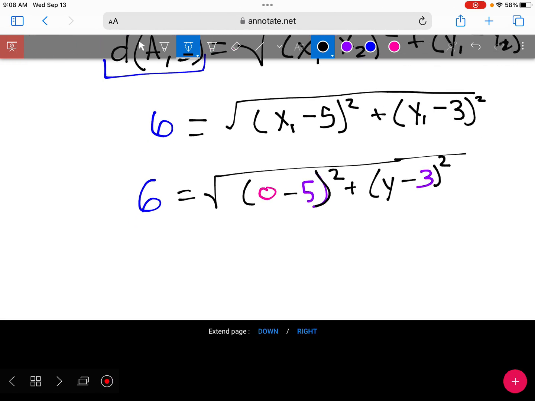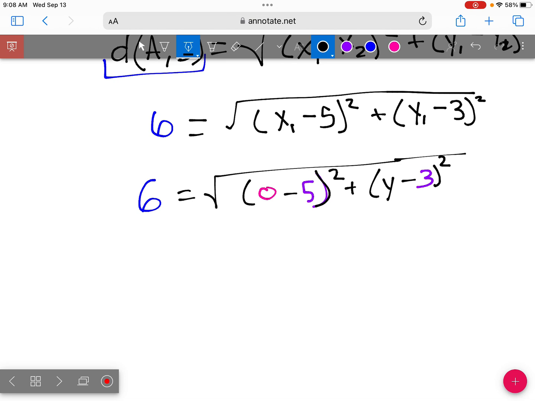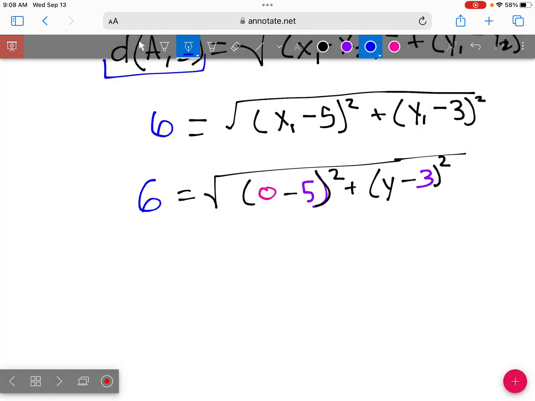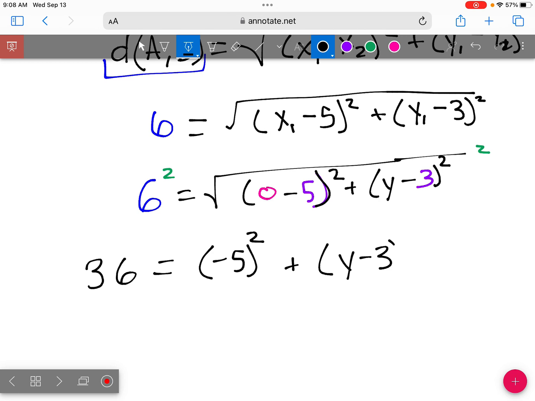How can I get rid of that square root on the outside? Square both sides. There we go. So we square both sides, and we get that 36 equals 0 minus 5, so negative 5 squared, plus y minus 3 squared.